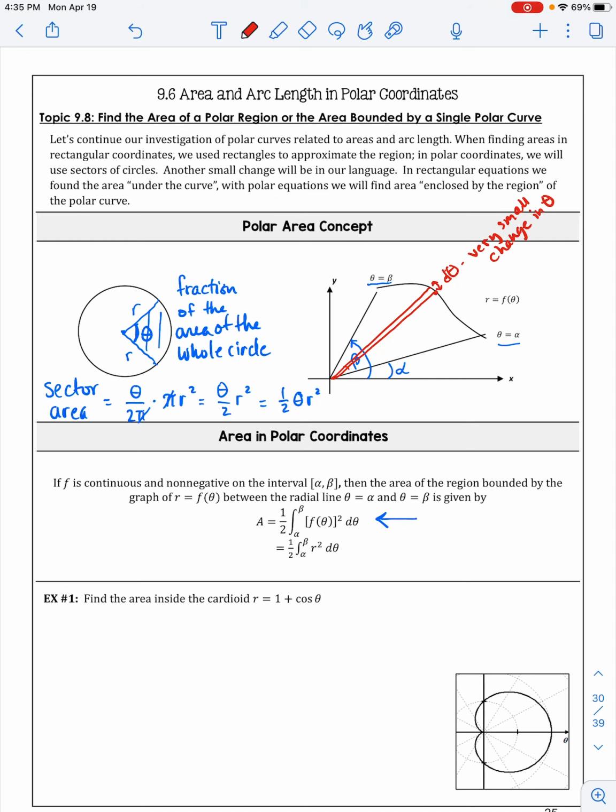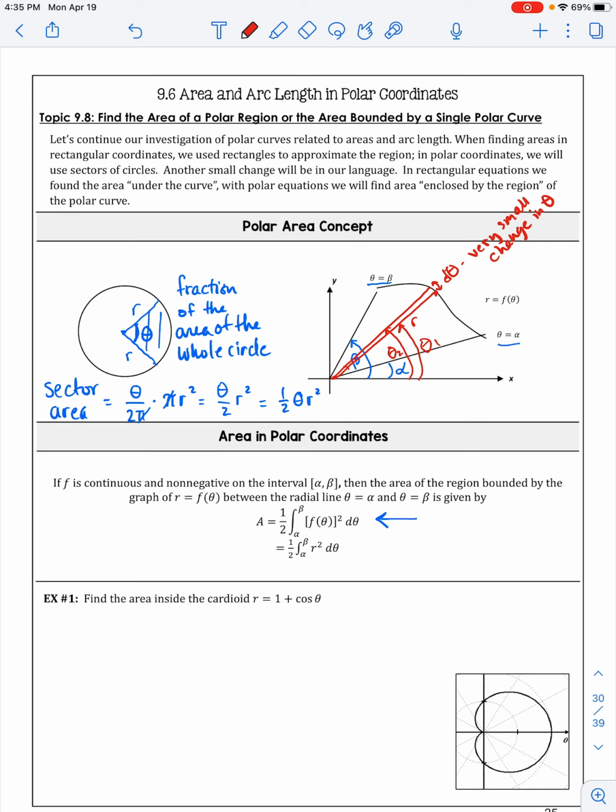And notice that if I had this point on the function, I would be going some angle theta, and then going out some r. And then this would be another angle theta.